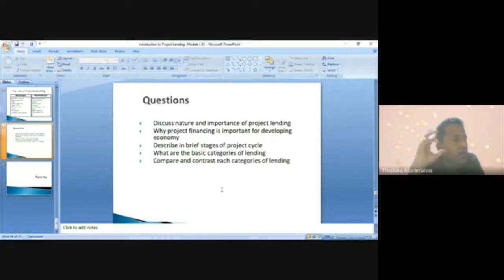I always encourage you to make a separate file and keep documents. I think I have shared several articles in our groups also, so you can refer to those as well. There are several student groups we have created. Whenever I see a good article, I will share it.